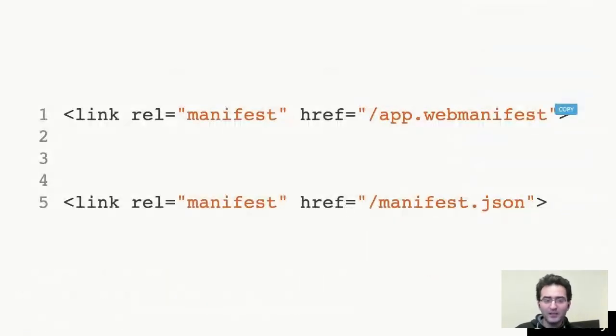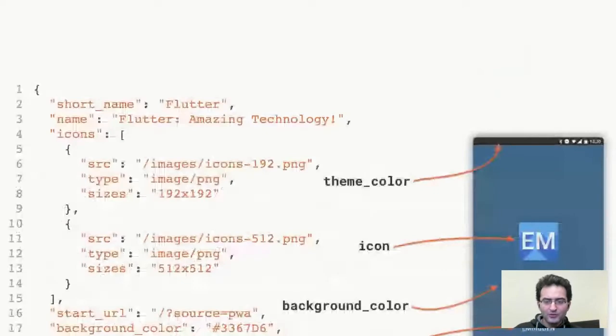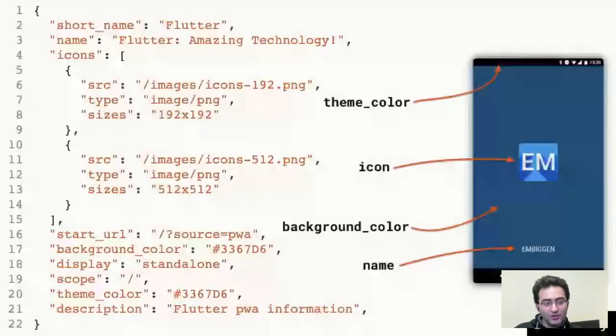It can have a web manifest suffix, or it can be a JSON file, where Flutter actually comes with a manifest.json file. You will find it in the web folder. There are a bunch of properties there. It's not rocket science, so I don't need to explain all of this. Even by reading these properties, you understand what they do.